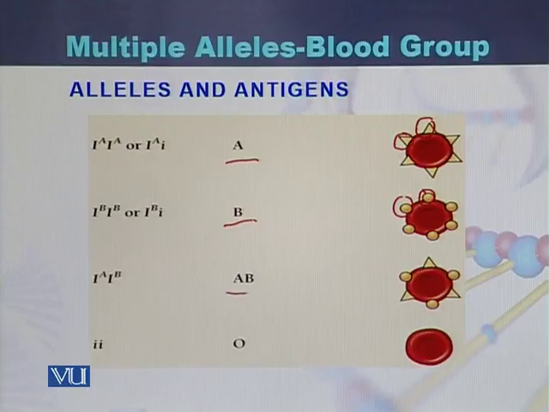While in case of AB blood group, there are both the antigens produced by allele A and the antigens produced by allele B. In this diagram we can see that on the surface of the red blood cells, both types of antigens are present, antigen A as well as antigen B. So this phenomenon is called codominance, because in case of AB, both the antigens are present on the surface of the red blood cells, while in case of blood group O, the red blood cells contain no antigen.